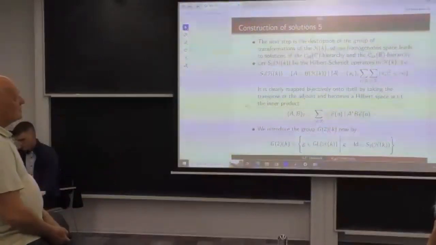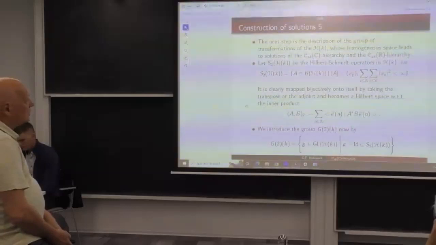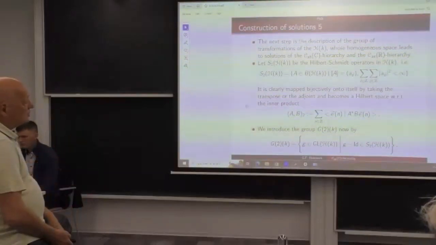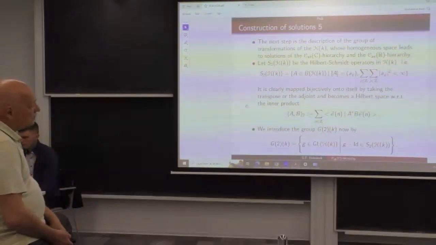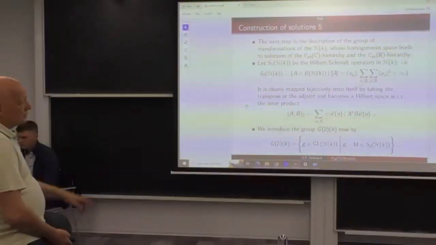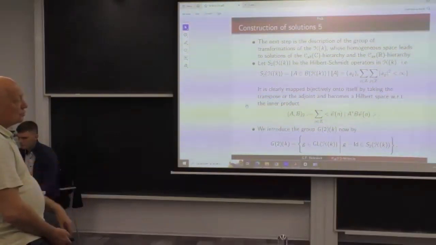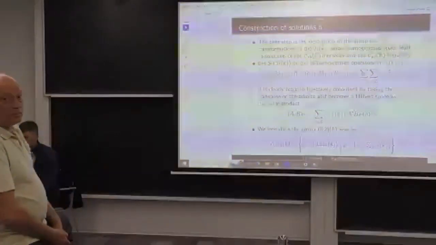Now I need a group. I take the Hilbert-Schmidt operators on HK, that is the bounded operators A such that if you look at the matrix of A, the matrix coefficients should be square summable.